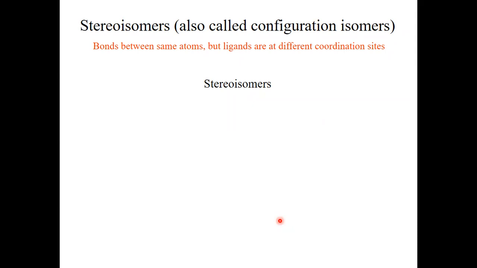So now let's move over to the stereoisomerism. So as I said before, when we have stereoisomers, then the bonds are between the same atoms, but the ligands are at different coordination sites. So we know two basic forms of stereoisomerism, and you probably know that from organic chemistry.